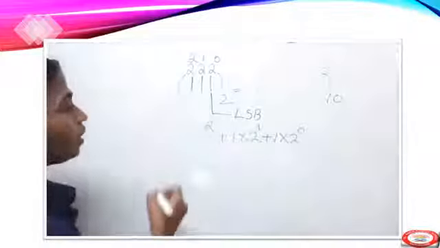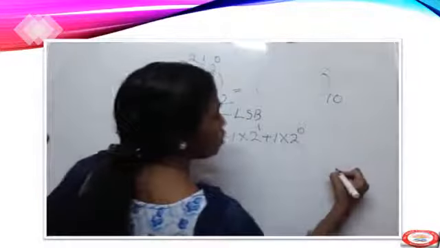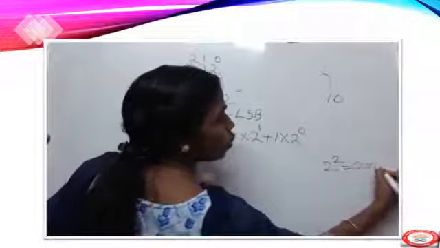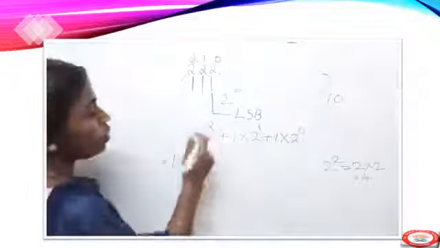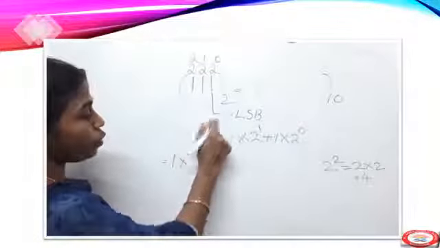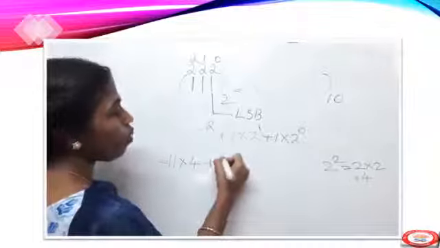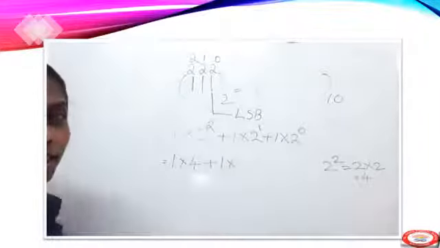Okay, then that is equal to 1 into 2 to the power of 2 is equal to 2 into 2, that is equal to 4. Okay. So instead of writing 2 to the power of 2, you can write 4, plus 1 into 2 to the power of 1 is equal to 2.